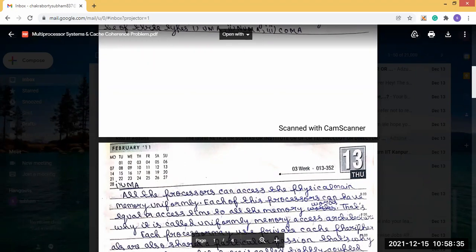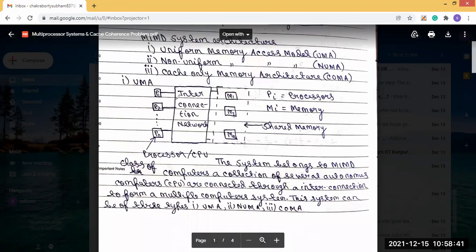If processor P1 is accessing memory module M1, and in the meantime P2 is accessing memory module M2, say P1 takes an access time of 3 units, then P2 will access memory module M2 with the same access time of 3 units. So the access time of the memory module should be the same for all of them.